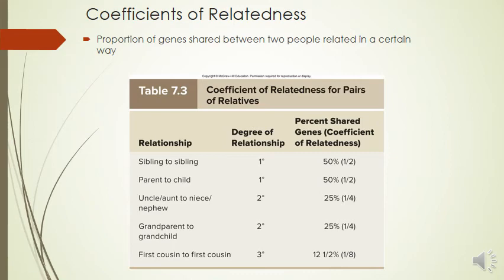You can see sibling to sibling, parent to child. Both of those are first degree, and the percent that they would share would be 50%. In second degree relatives, you have 25%, and in third degree relatives, it is 12.5%.